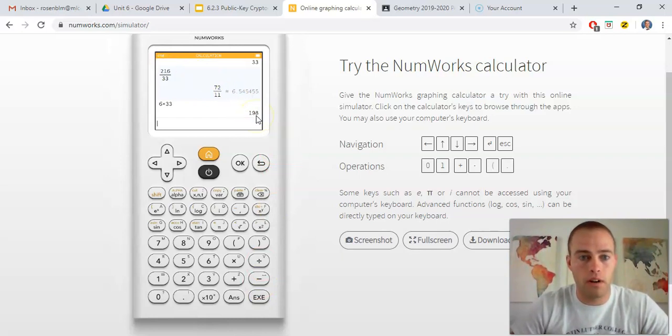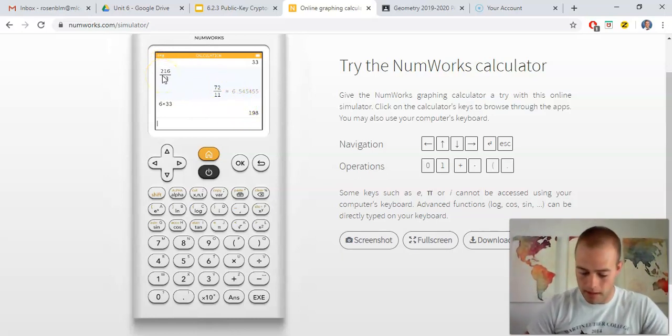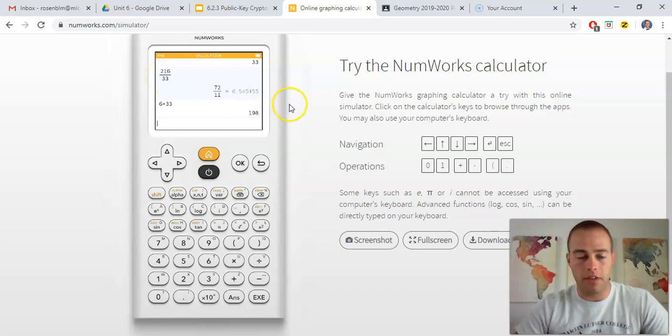The difference between 198 and 216 is 18. So my reduction of 216 in mod 33 is 18. My F is now converted to 18, because that was my remainder. So 18 should be the first thing you write down for your encryption.